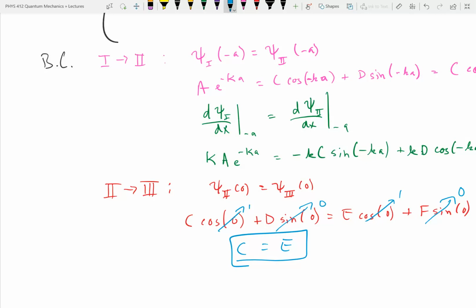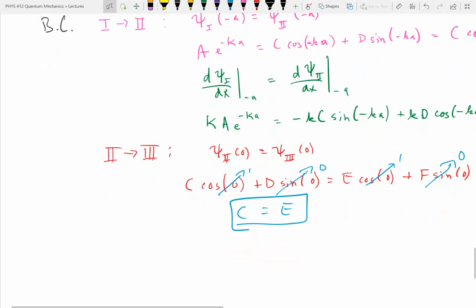Okay, next one. The next one is just that the derivatives at 0 have to be equal.